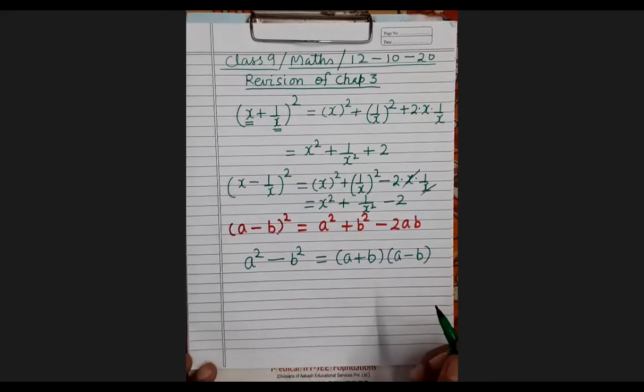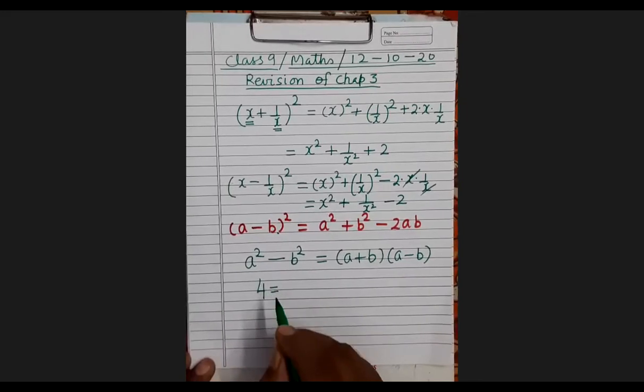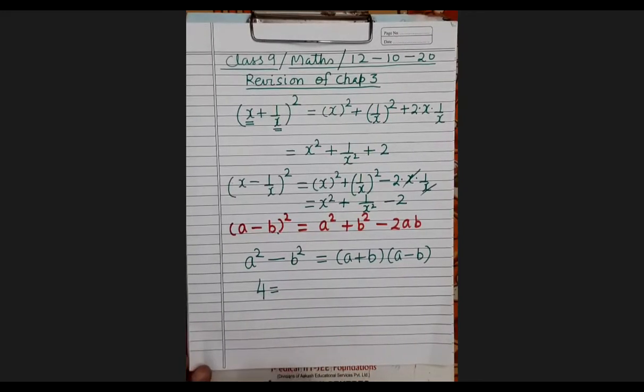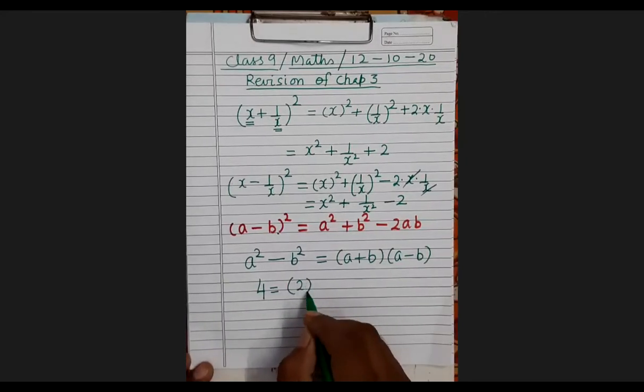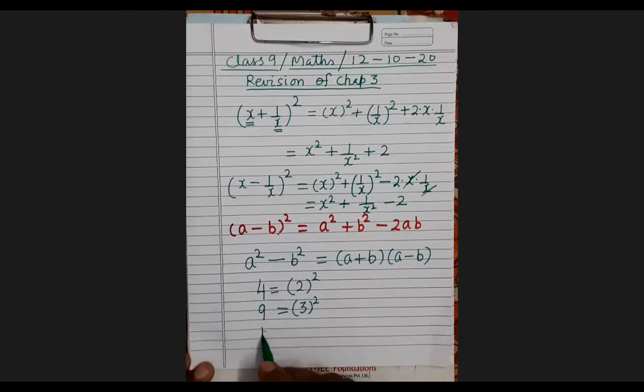Now see here, how will you write 4 in the perfect square form? It will be 2 square. How will you write 9 in perfect square form? It is 3 square. Is it clear? 16 in the perfect square form is 4 square. 25 is 5 square.